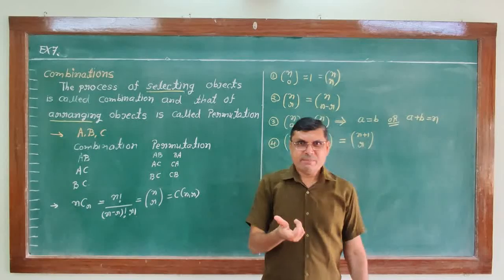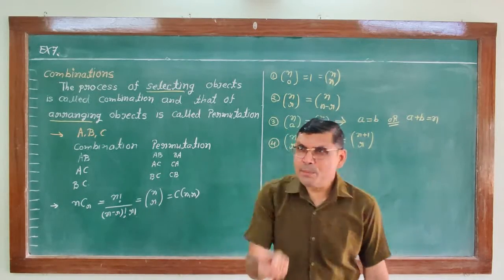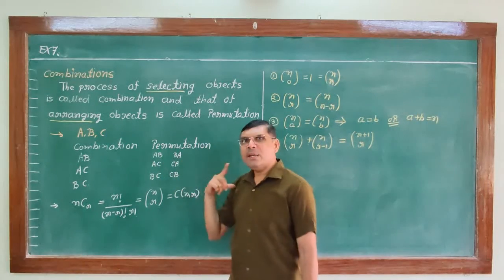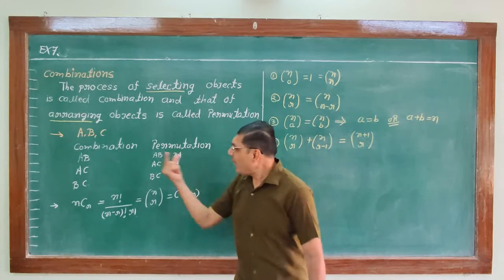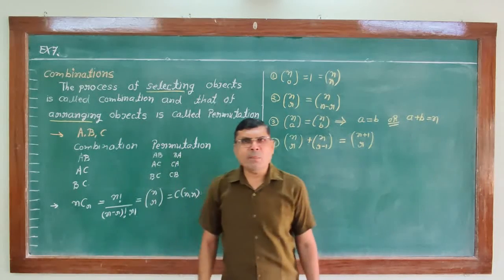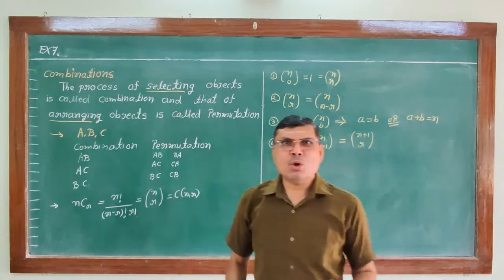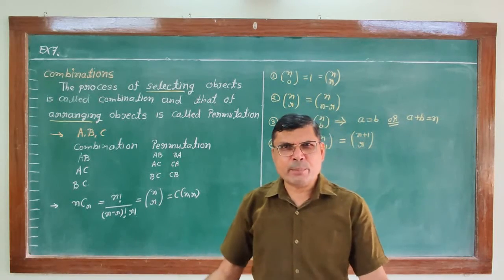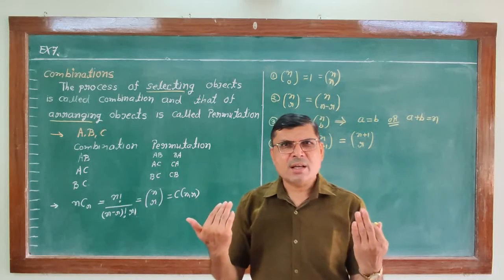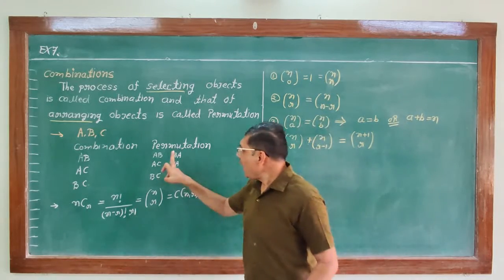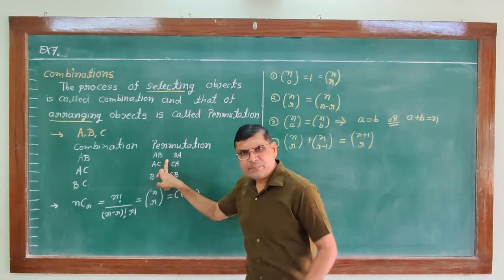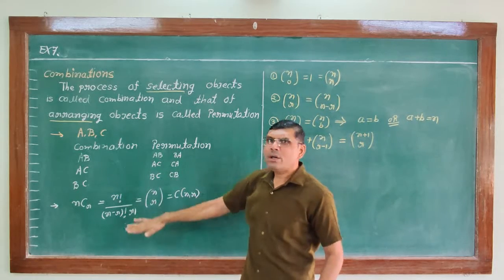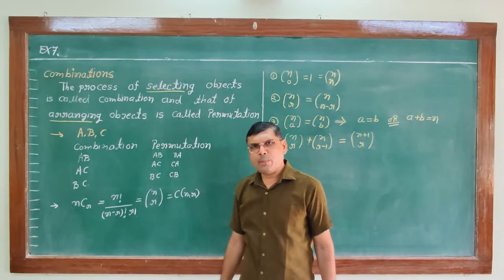You can see, as soon as order is important, AB and BA are not equal. Whereas in the combination, AB and BA are equal, because which letter is coming first in combination is not important. You are just selecting. Here you are arranging. So this is the difference between permutation and combination.